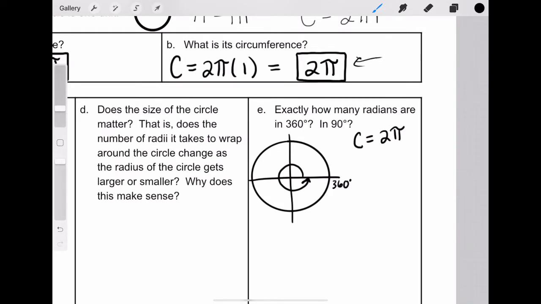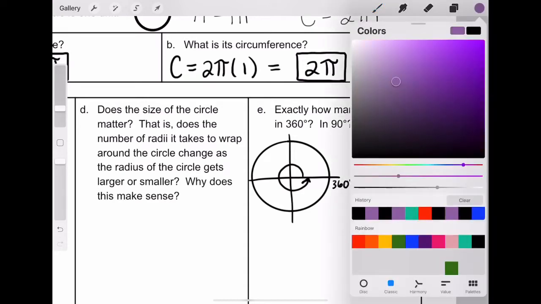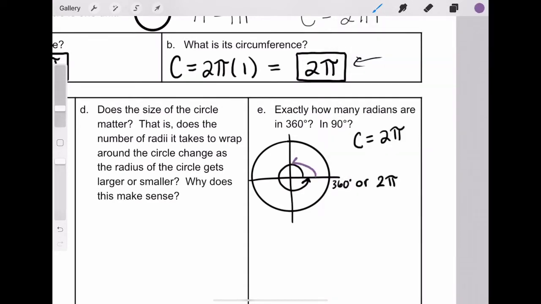Right? So if it's 2 pi all the way around, well, what about 90 degrees? So here's 90 degrees. If it's 2 pi all the way around, go ahead and calculate what would 90 degrees be in radians?